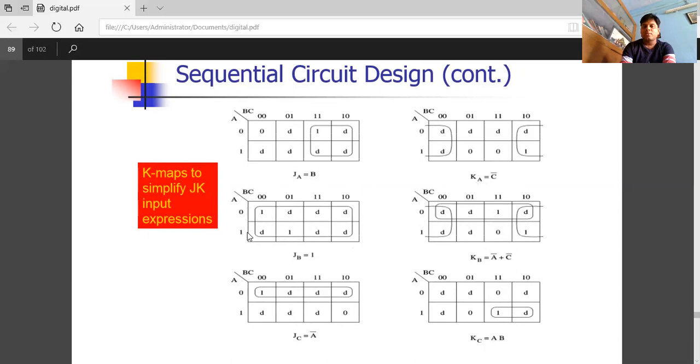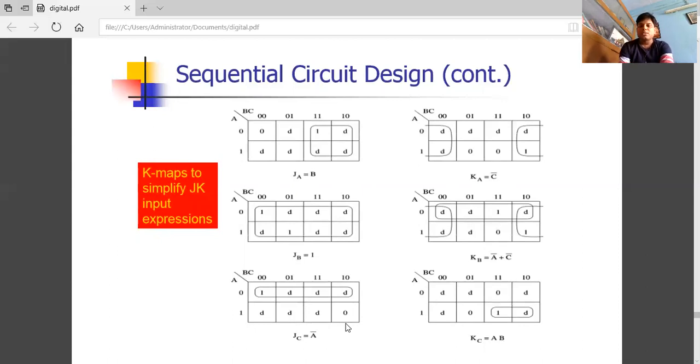All cells are covered, an octet, so JB equals 1. Again for KB we fill the map. There is one quad and another quad, so KB is A dash plus C dash. Again JC and KC. JC has one quad, so JC is A dash, and KC has only one pair, so KC is A times B.